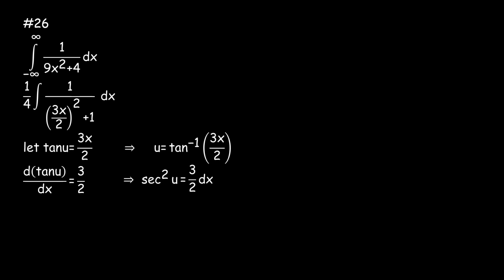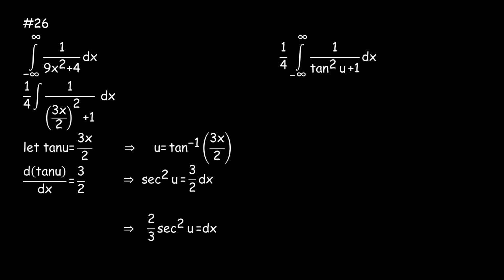Now we're going to change the variable, and we need to replace the dx in our equation. This would be 1/4 times 1 over tan squared u plus 1 times dx, which is 2/3 sec squared u du.